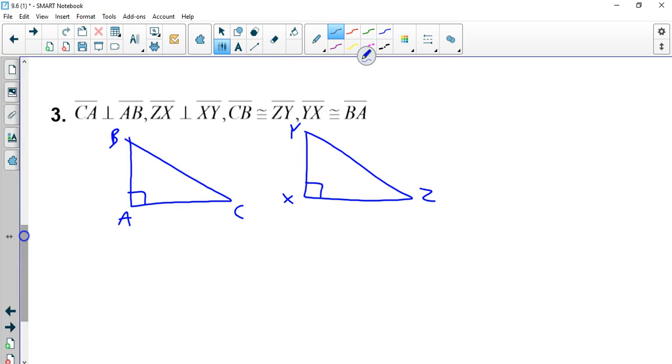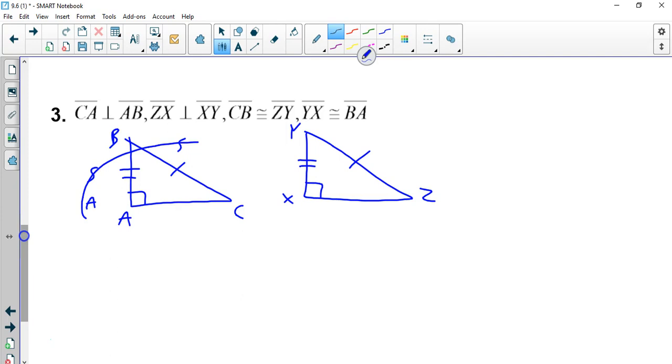CB is congruent to XY. Sorry, CB is congruent to ZY, and YX is congruent to VA. So, if we looked at this, we have angle, side, side.